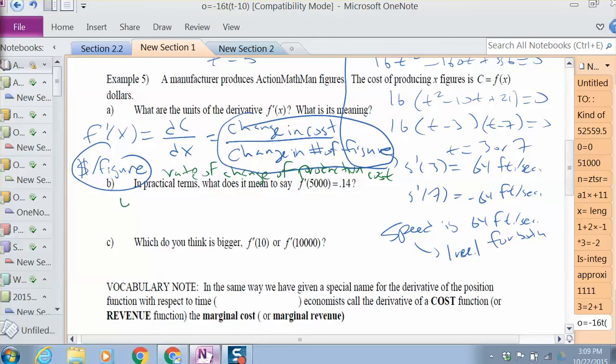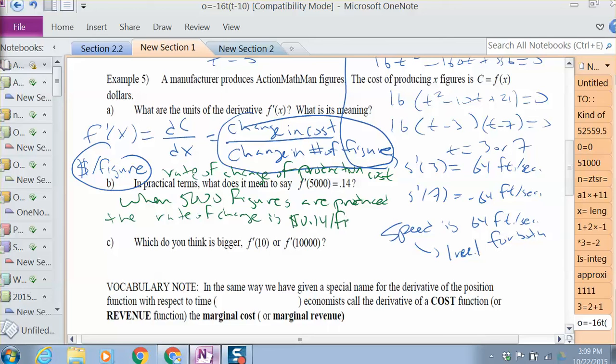Well, that means that when 5,000 figures are produced, the rate of change is 14 cents per figure. Remember, derivatives are rate of change. So that's all you really need to say there. But you do have to state when you have 5,000 figures, the rate of change is that.